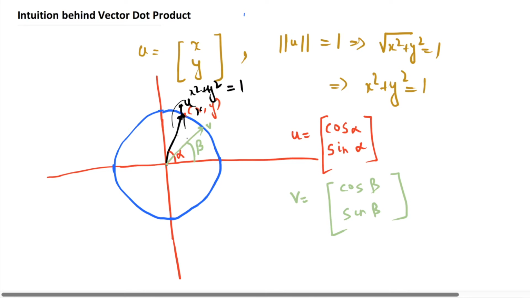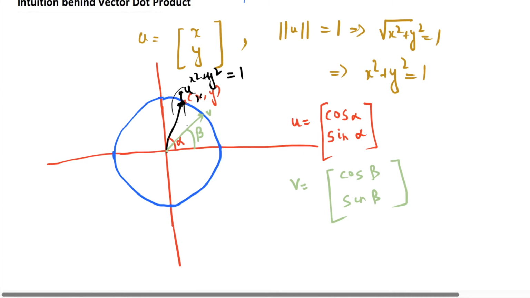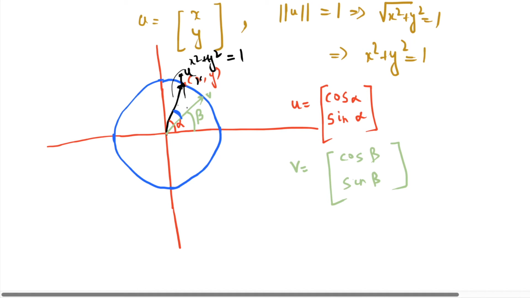All right. And what if I wanted to find the angle between these two vectors? So I wanted to find this particular angle. So the cosine of this particular angle, and this angle is beta minus alpha.